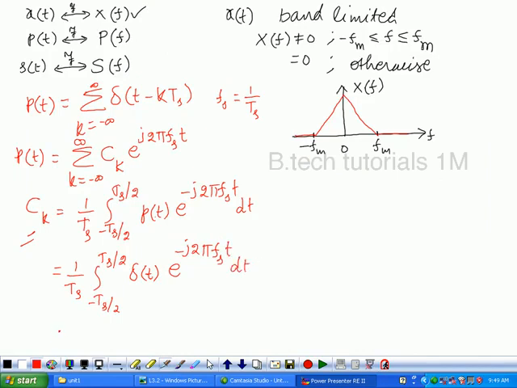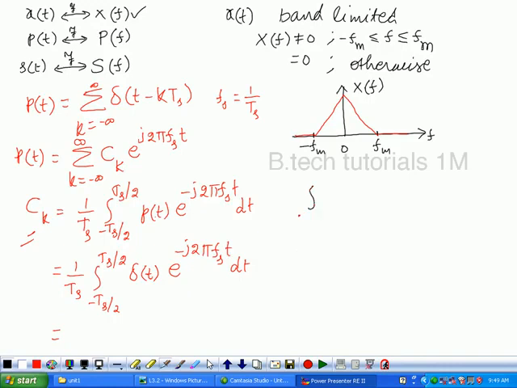Now what is this value? What does this integral evaluate to?